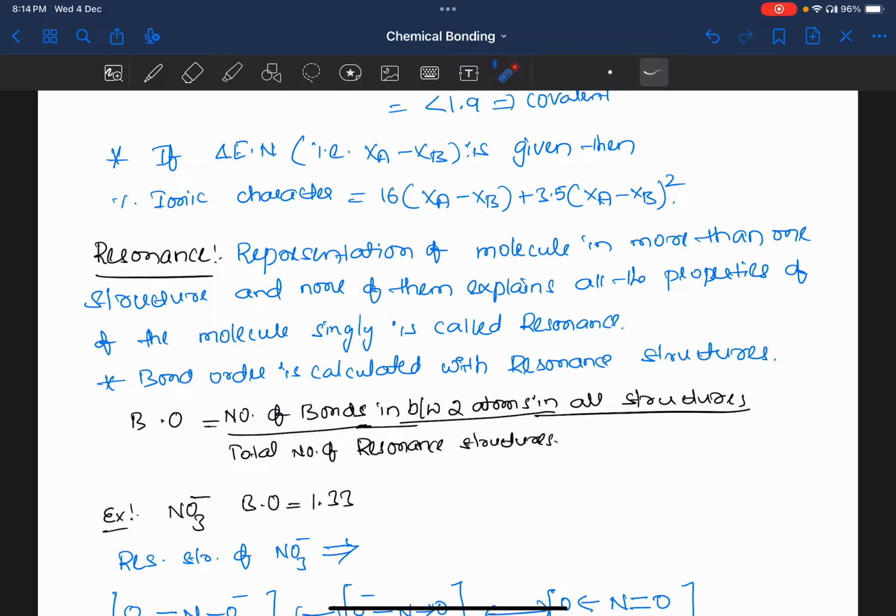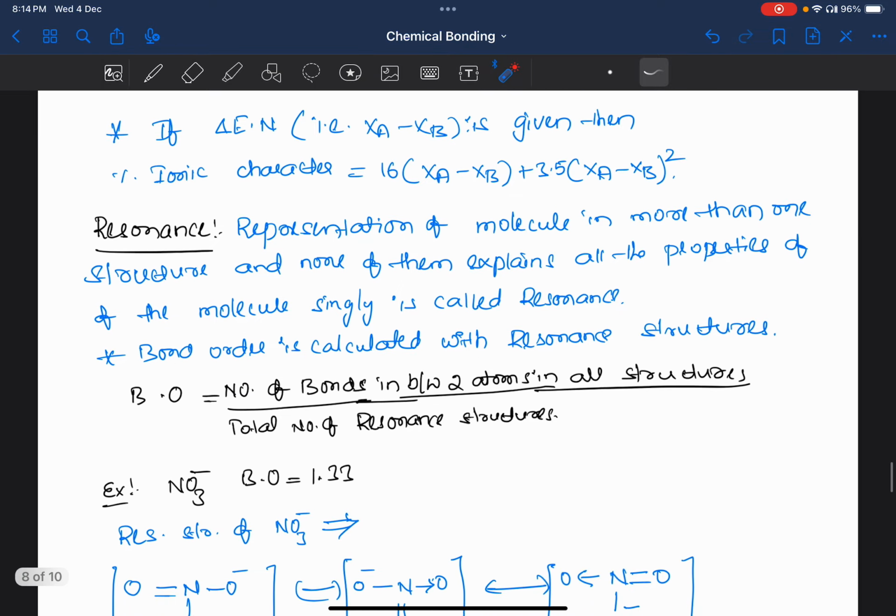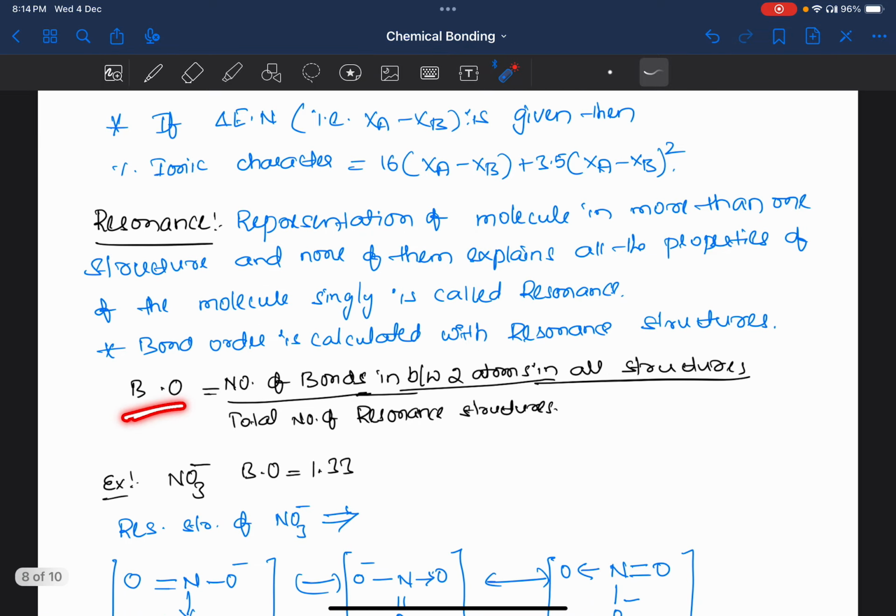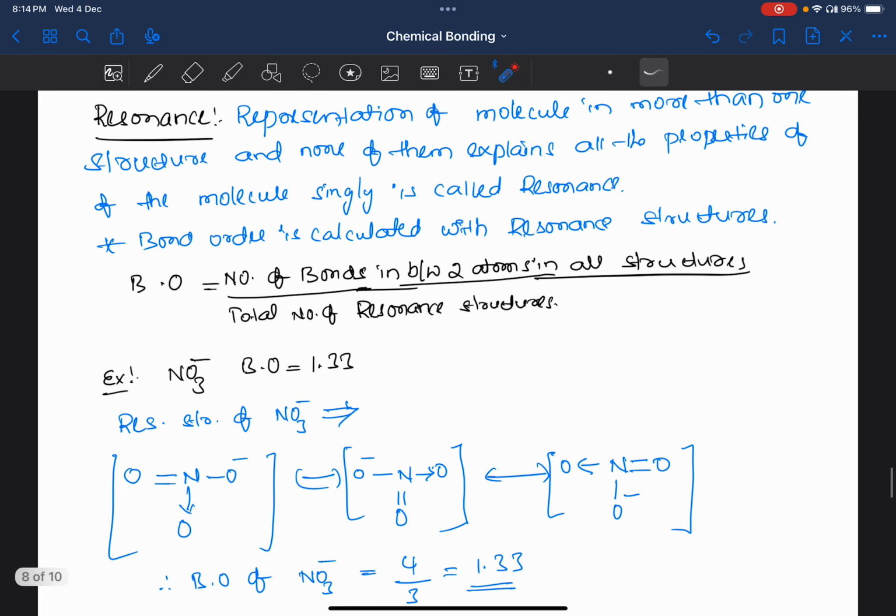Next, bond order is calculated with resonance structures. Here is an important point. Bond order is equal to the number of bonds between two atoms in all structures divided by the total number of resonance structures. I will explain with an example. Let me take the nitrate ion.